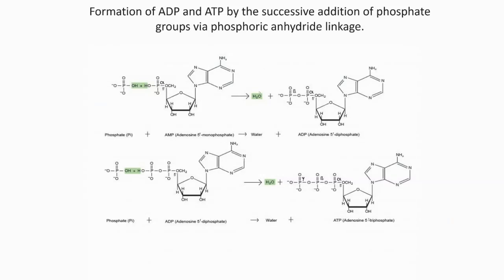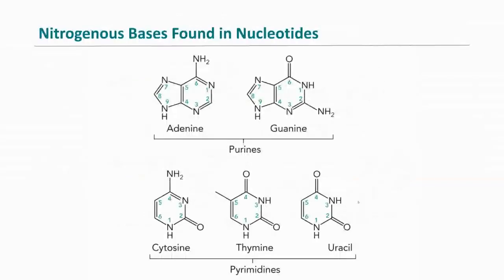They remove one molecule of water, so they form this alpha beta. This will be the adenosine 5' diphosphate, and then here will be triphosphate. You just continue to add the phosphate, so that in the end, this is the adenosine 5' triphosphate.